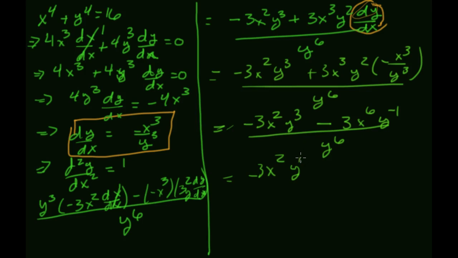So that's going to be 3x squared y to the 4th minus 3x to the 6th over y to the 7th, right? That's what I get if I multiply top and bottom by y. And I have all positive exponents, a nice, neat little rational expression here of x and y to give me the second derivative. So this is the second derivative. This is d2y over dx squared.